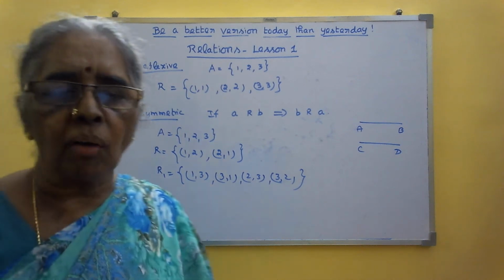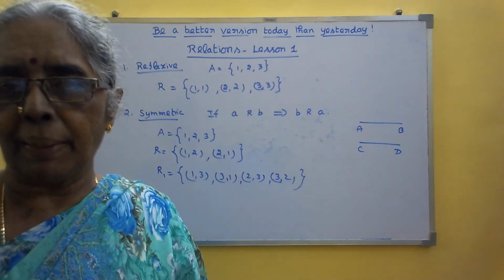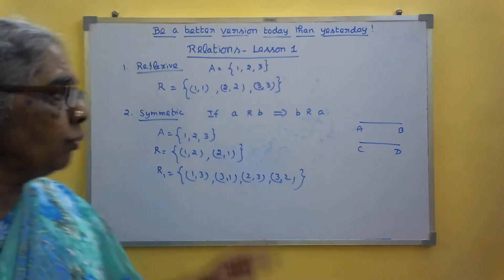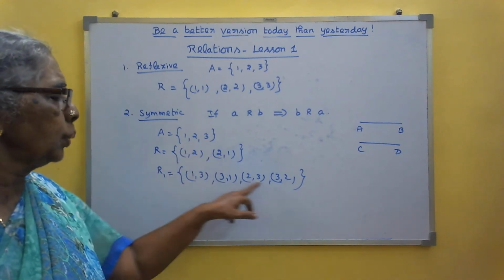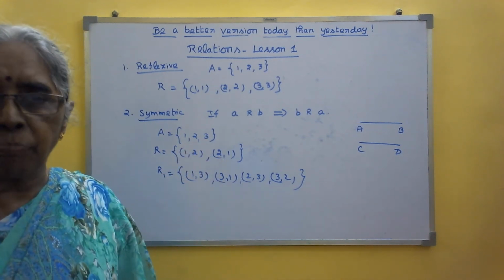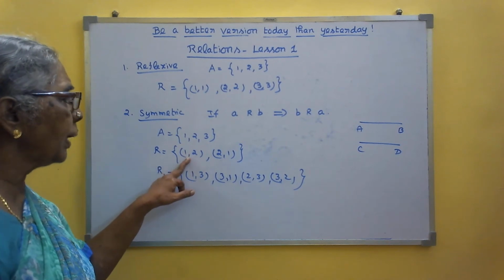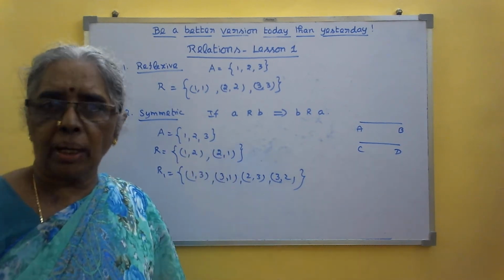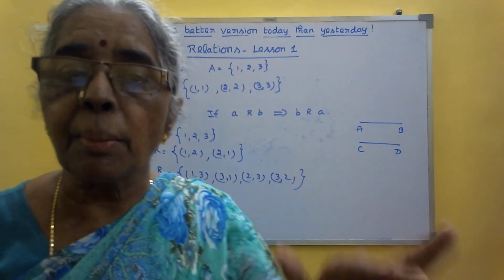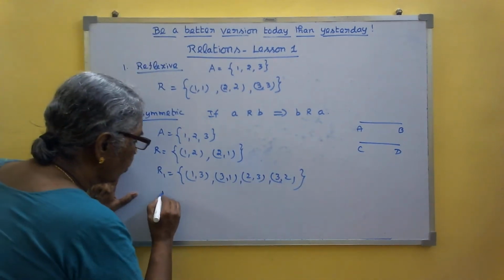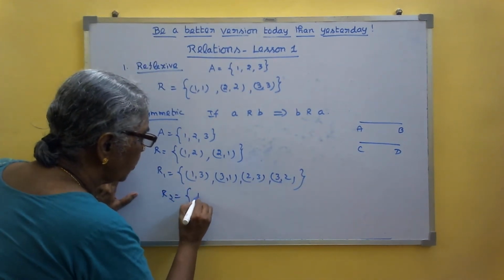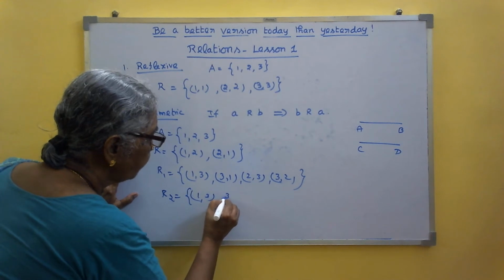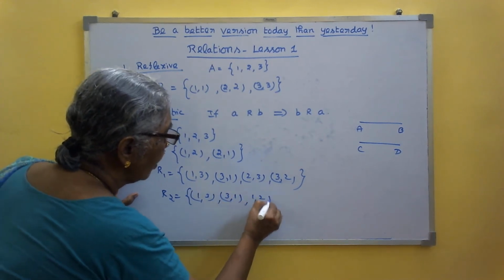This consists of 2 sets of symmetric pairs. So it can contain 1 set of pairs or 2 sets or 3 sets, that doesn't matter. But you cannot have (1, 2) and if (2, 1) is not there, you cannot call it symmetric. I will give you that example also for you. You consider R2 = {(1, 3), (3, 1), (1, 2)}.